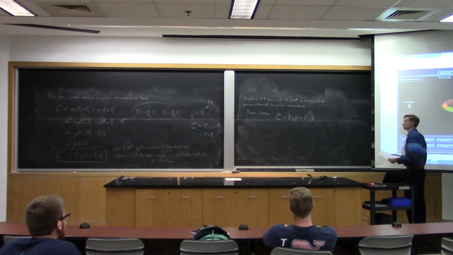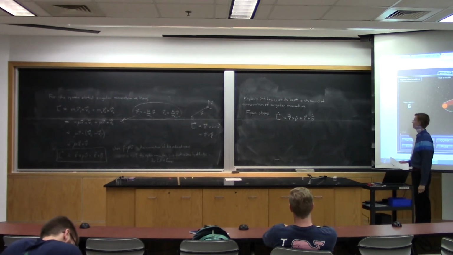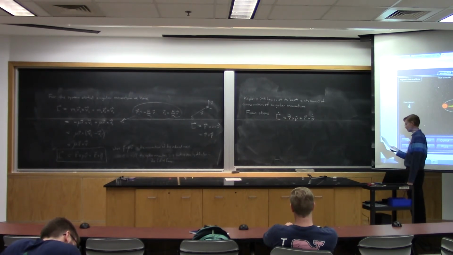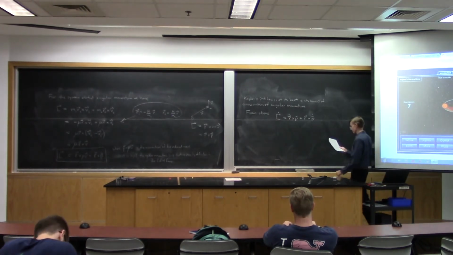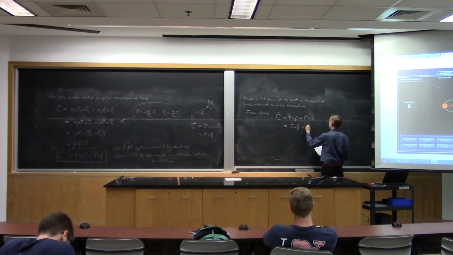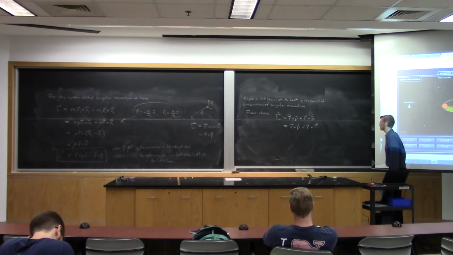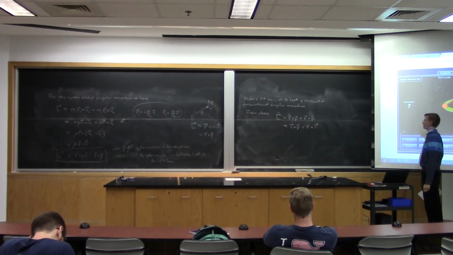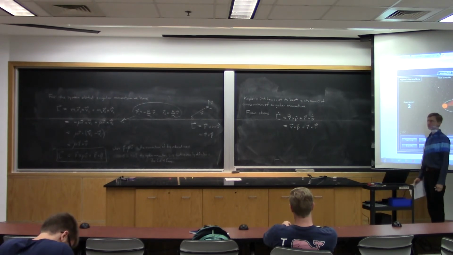Because you can use the product rule for cross products: derivative of the first cross the second plus the first cross the derivative of the second. So that'll be v cross p plus r cross F, because r dot is v and p dot is the force, F.